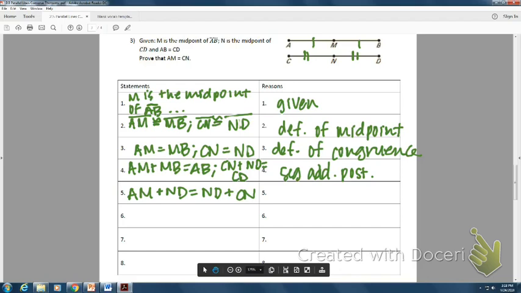Okay, gotcha. I'm following now. How did we get ND here, though? That's supposed to be MB. Did I write it wrong? Okay, MB. Awesome. They could have picked easier letters that don't all sound the same. So this is by substitution. Okay, I'm with you guys.